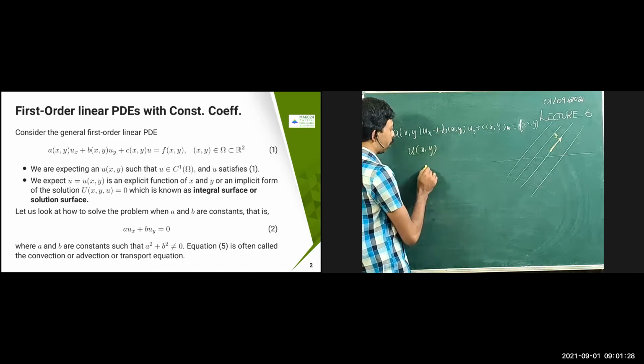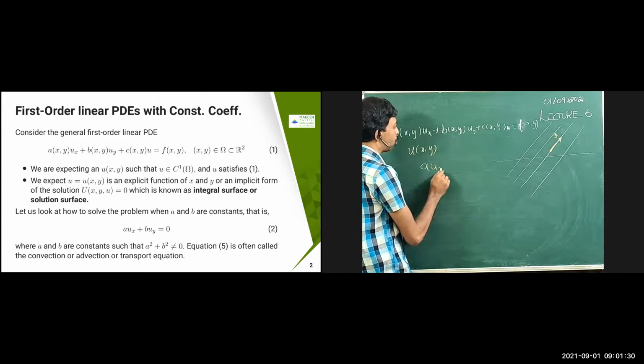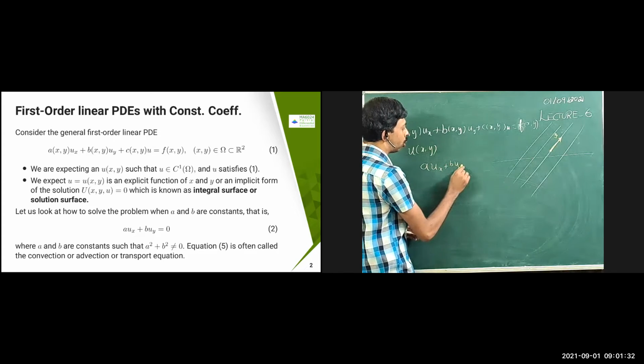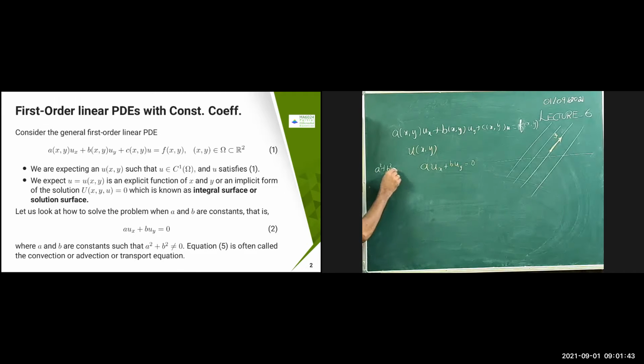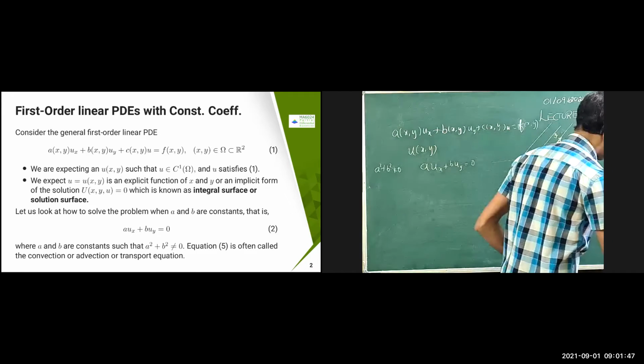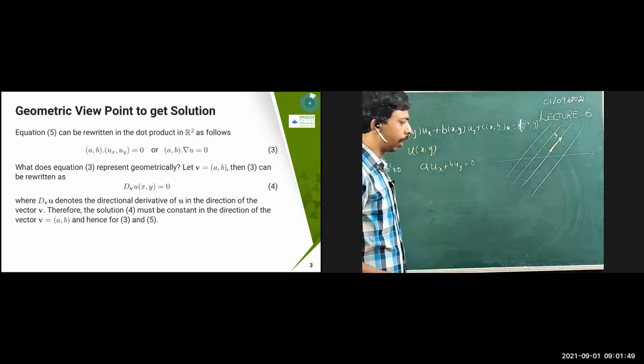So in general, right now I'm just going to solve a particular case, a u_x + b u_y = 0, which is a homogeneous first order linear PDE. Here I'm assuming the condition a squared plus b squared not equal to 0. I will tell you why this condition is required at a later stage, because that is what drives us to non-trivial solutions.